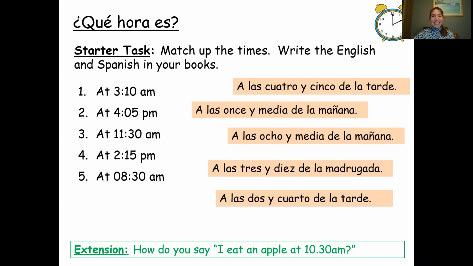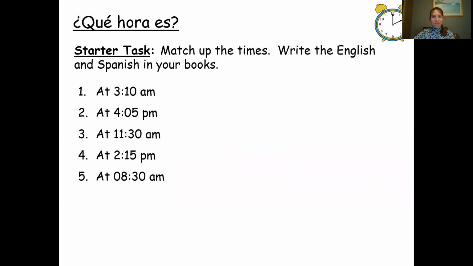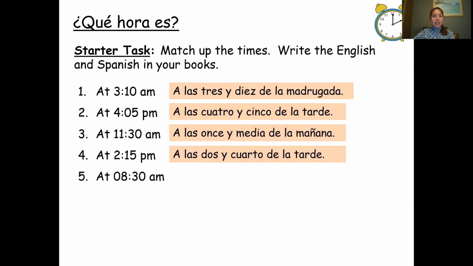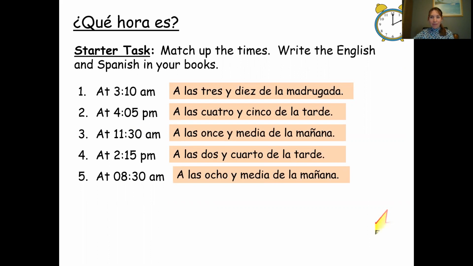Muy bien. Let's see how you got on with that. So we have at 3:10 a.m., a las 3:10 de la madrugada, at 4:05 p.m., a las 4:05 de la tarde, at 11:30 a.m., a las 11:30 de la mañana, at 2:15 p.m., a las 2:15 de la tarde, and at 8:30, a las 8:30 de la mañana.